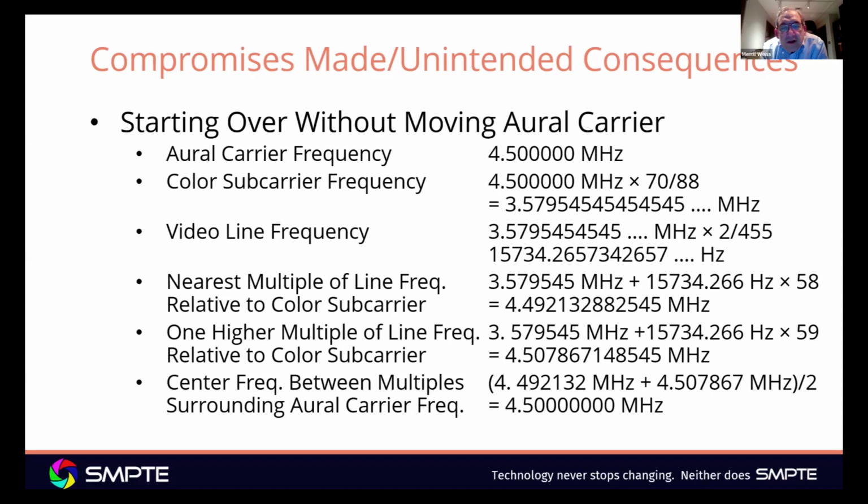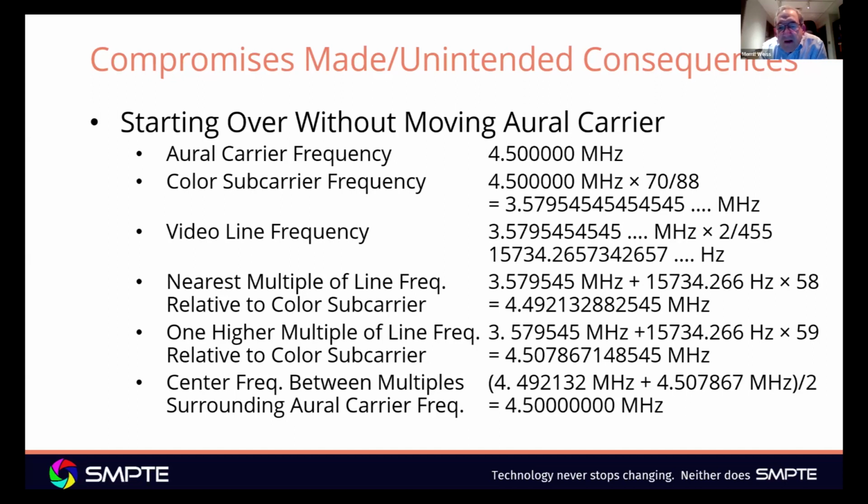And if we go the other way and we look at the energy cluster that's on the high side of the oral carrier, so we're going to multiply the 15,734 by 59 instead of 58, and then add that to the color subcarrier frequency, we get 4.507078. Well, if you look at the two numbers, they're equally spaced on either side of the 4.5 megahertz oral carrier.